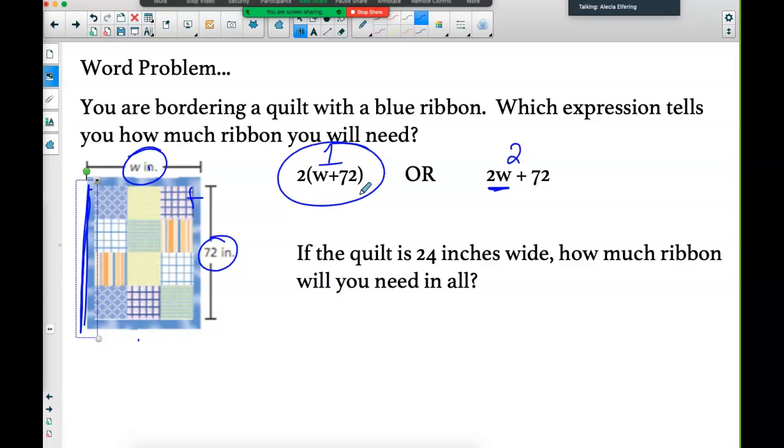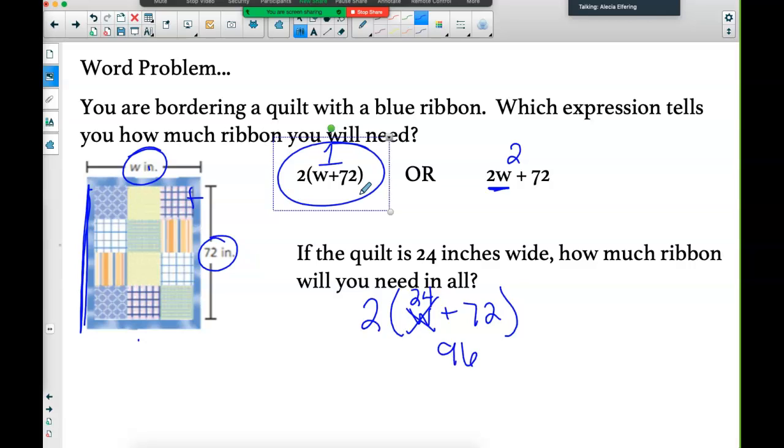Okay, so if we know we have to use that expression, if the quilt is 24 inches wide, how much ribbon will you need in all? We would do 2 times W plus 72, but we would put 24 in for W. 24 plus 72 is 96, and then we have to times that by 2.